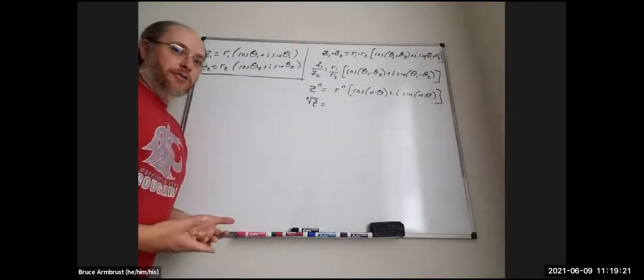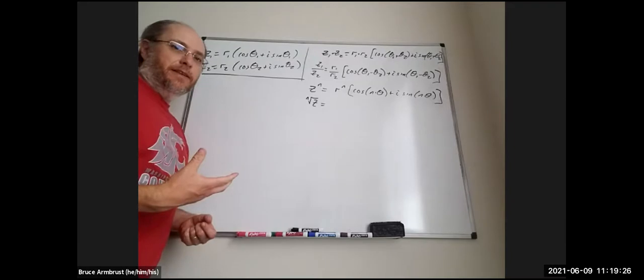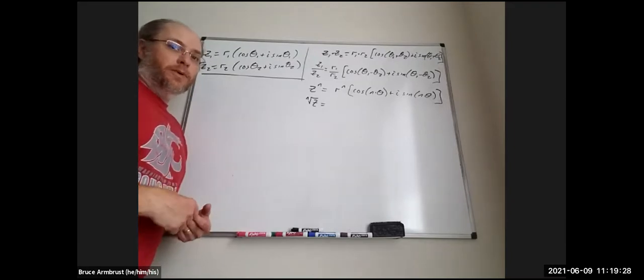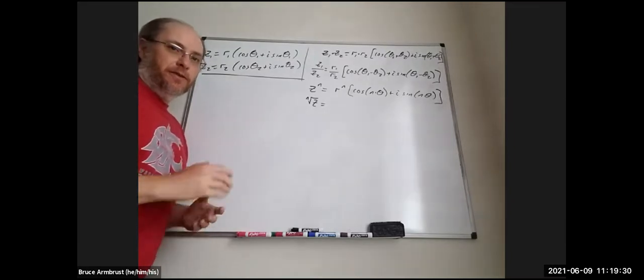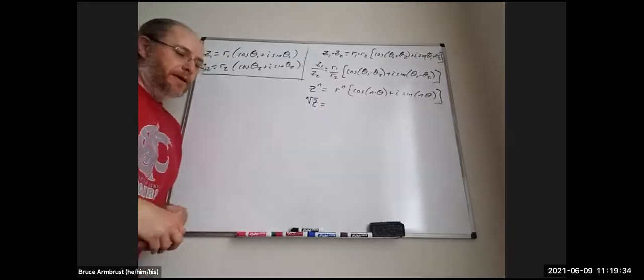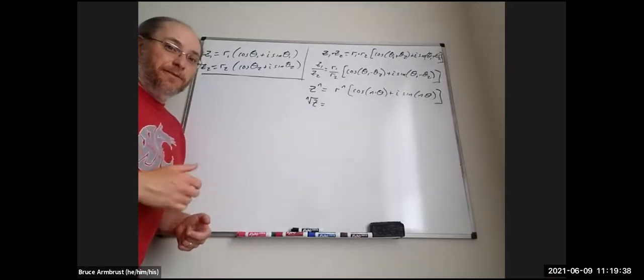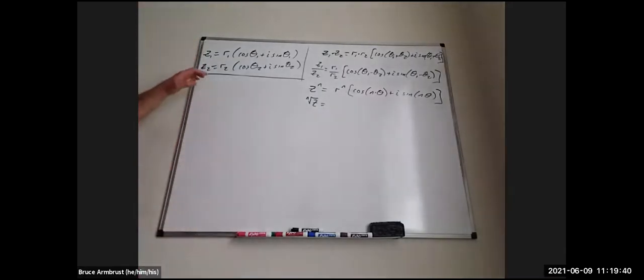But I also showed you that instead, we can think of it as a point in polar. So we talked about the absolute value, so the distance away from the origin or the pole in polar coordinates, and then going out in whatever direction, and that direction we called the argument. So that meant we could write our complex numbers like this. So if you look at z1, r1 is its absolute value.